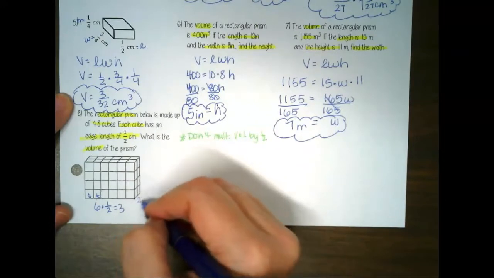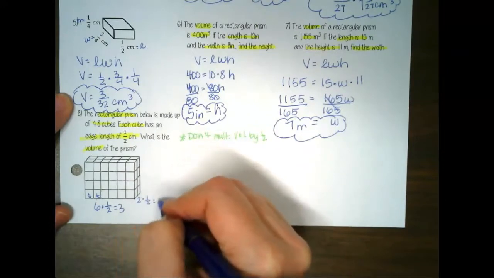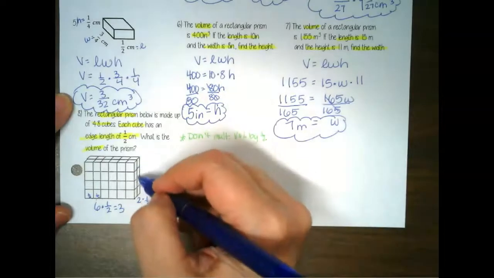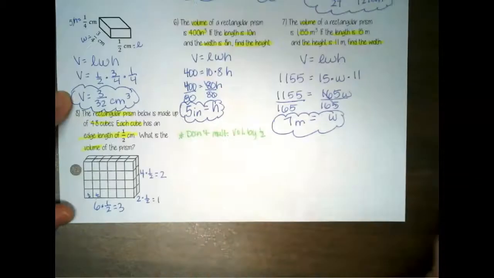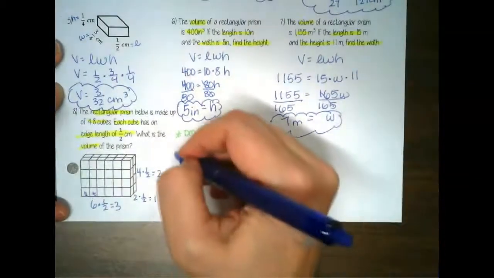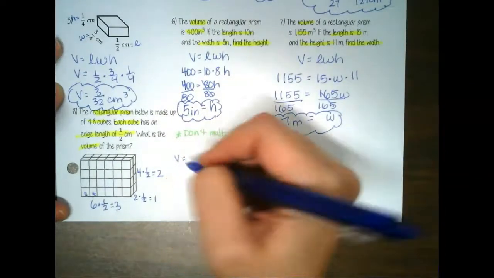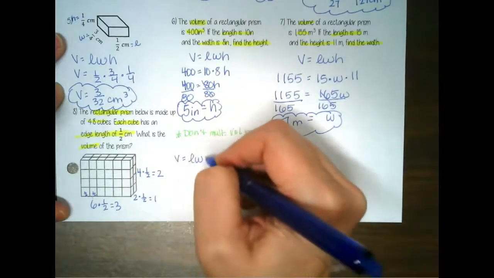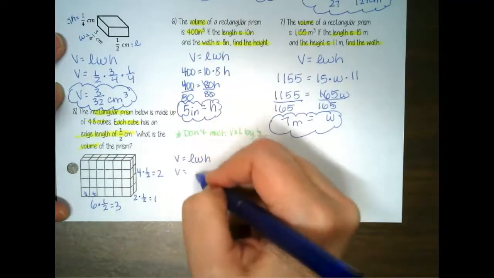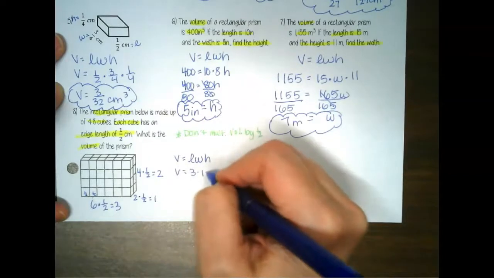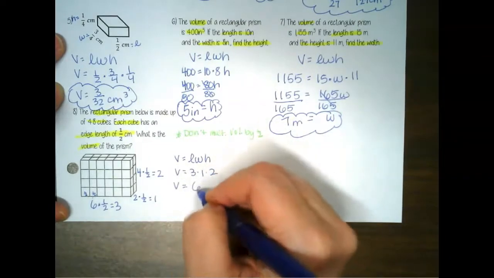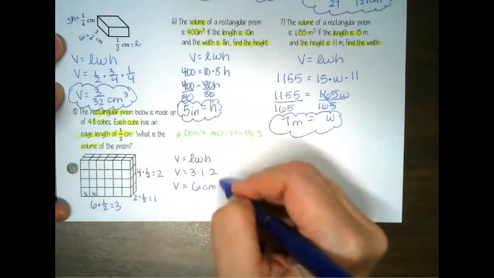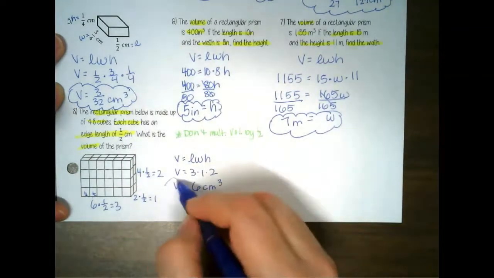We have 2 times a half, which is 1, and the height is 4 times a half, which is 2. Now find the volume. Volume equals length times width times height. 3 times 1 times 2. Oh, that's tough. 6, and we're talking centimeters, so there's your answer.